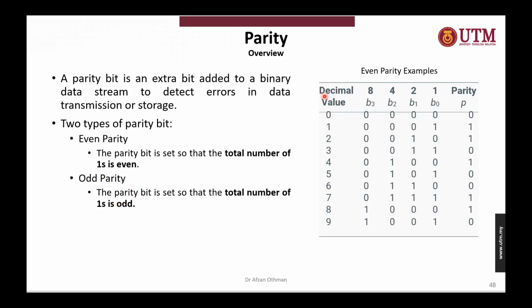So let's say this is a decimal value, and this is the binary number, and this is the number you are going to send through the network. First, the decimal number will be converted to binary representation.